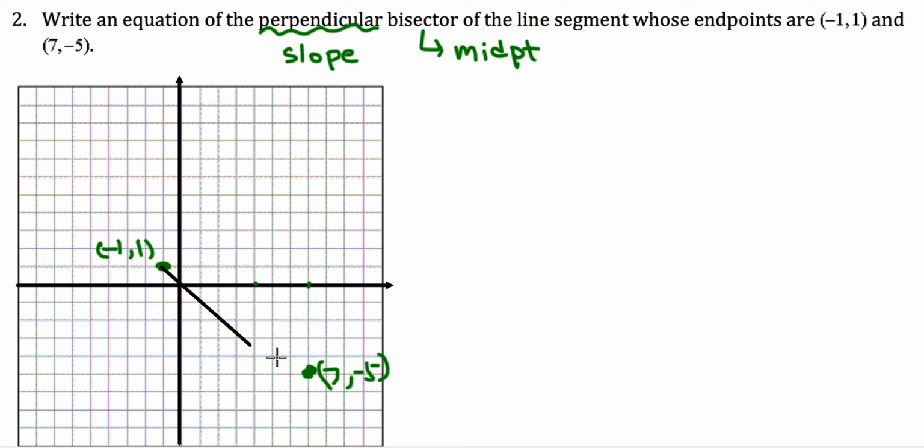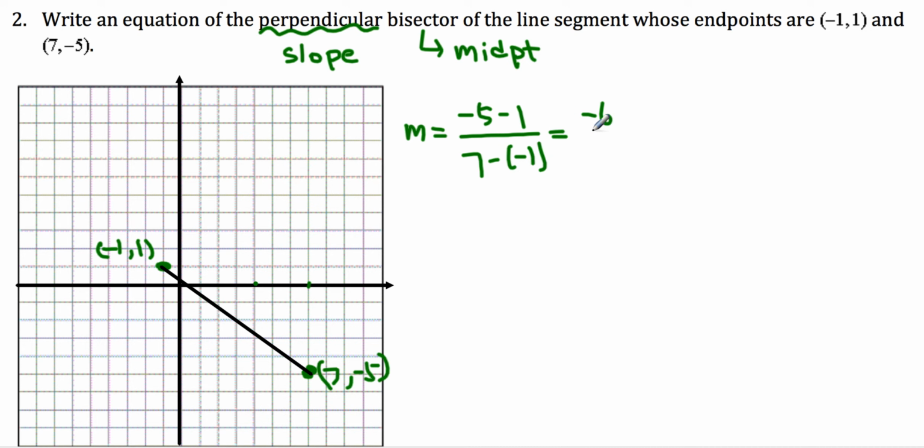So if I were to connect these two points, it would have been something like this. So what is the slope? Slope is negative 5 minus 1, which is y2 minus y1, over 7 minus negative 1, which will be equal to negative 6 over 8.